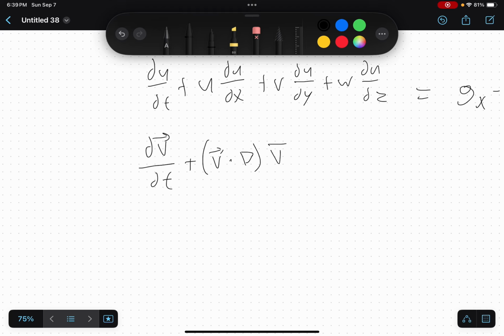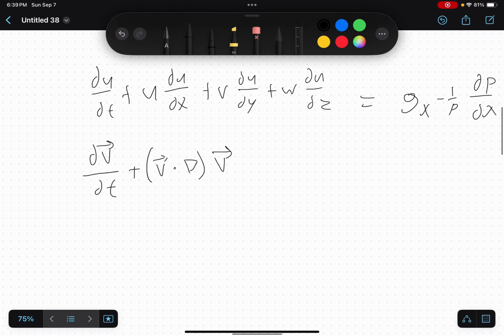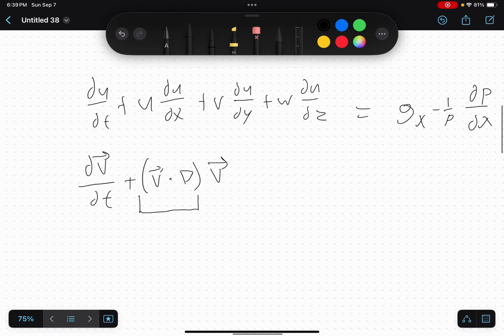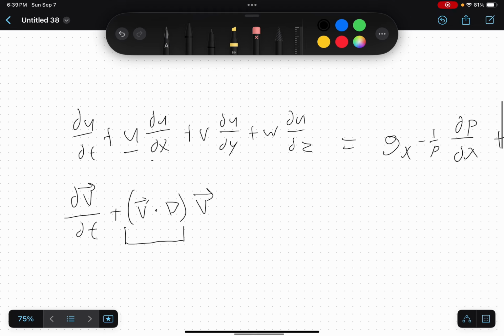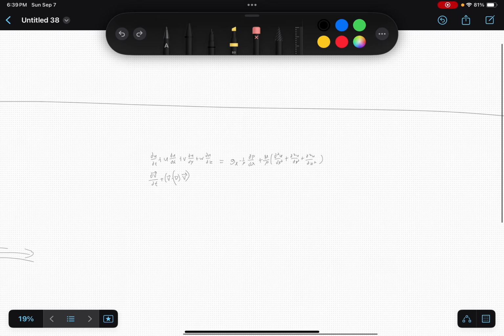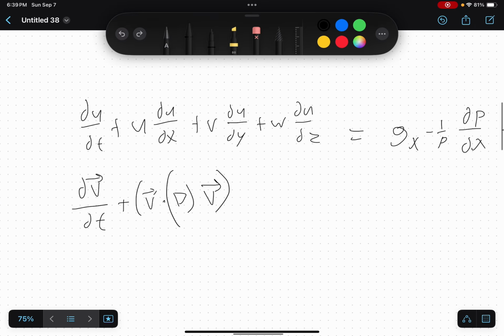Dot grad v, and the reason why v's are in parentheses is because we have u and x, v, y, w, z. If v's were grouped in parentheses, we would have u, x, v, y, w, z, but we don't. u is constant in the x component equation. In the y component equation, u changes, which is why this is also a vector. All right, so we got that term.